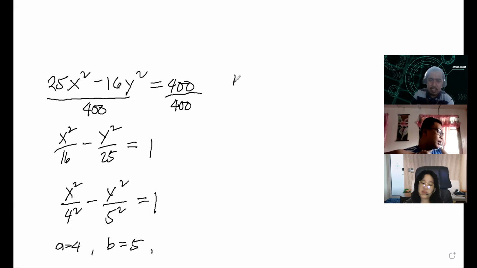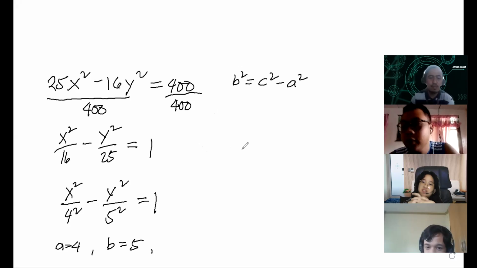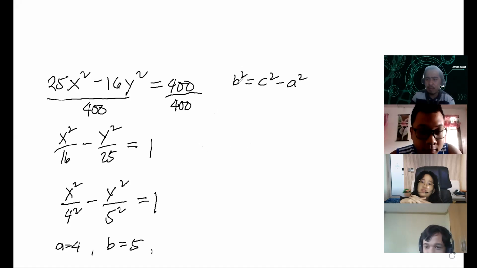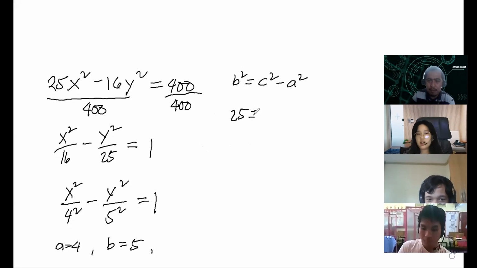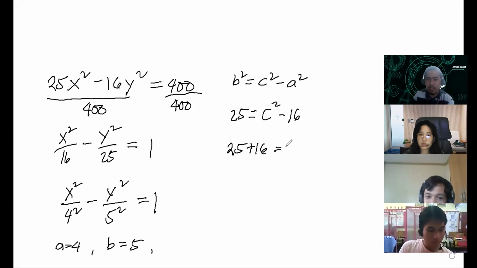Now, what is your B? 5. If you take the square, it becomes 25. Your C is unknown, so you copy C squared minus your A squared, 4 squared, which is 16. If you transfer that to the other side, it becomes 25 plus 16 equal to C squared.